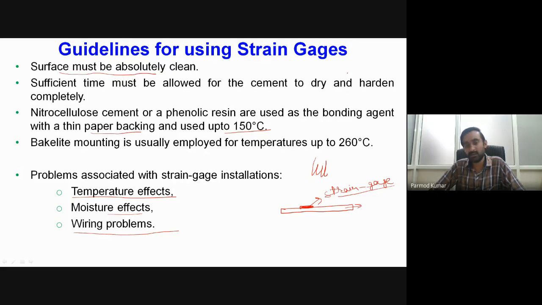But once we have some change in resistance, we require certain electrical circuitry or arrangement which will assist us in obtaining the value of that particular resistance.